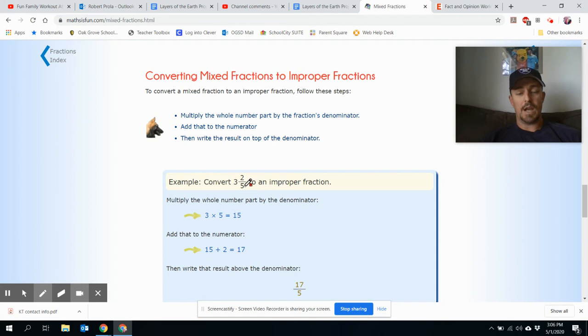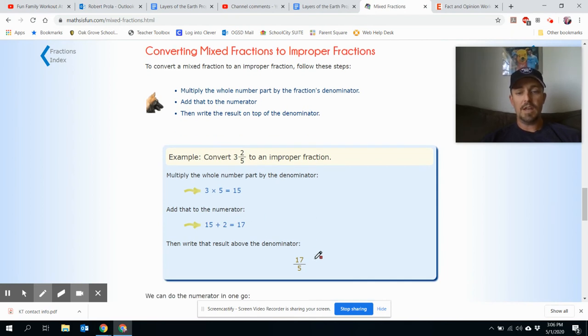So converting 3 2/5 into an improper fraction, you take your denominator and you multiply it by your whole number. So that's 3 times 5 and you get 15, but you also have to add this 2/5 back. And that's 15 plus 2, which equals 17, and you put that over 5. Your denominator stays the same.